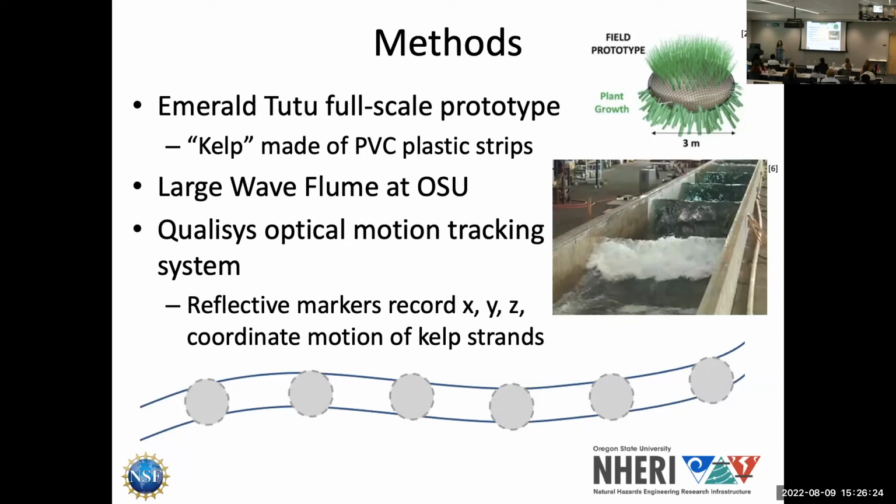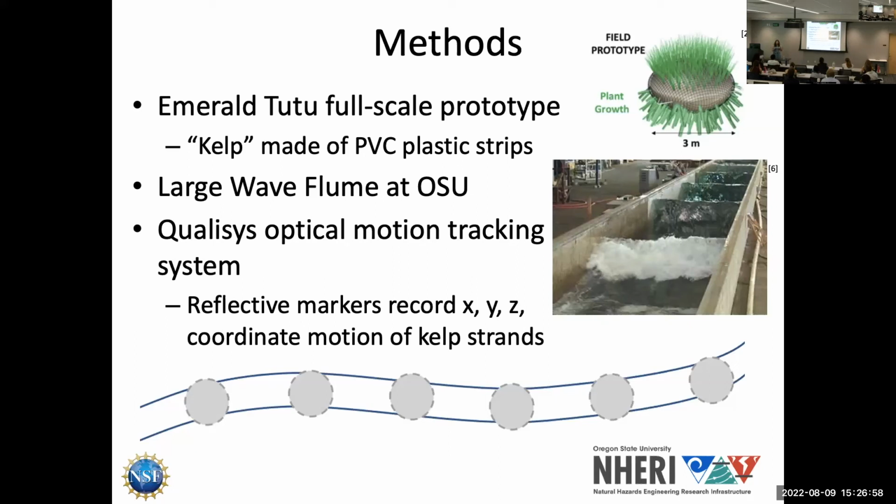Because I was looking at the vegetation underneath the mat, which is the primary mechanism of wave energy dissipation for the individual mat, we utilized a system called Qualisys, an optical motion tracking system, which works by attaching lightweight little reflective balls. There's a system of cameras, and the Qualisys system will track the XYZ coordinates of these reflective markers, and you can analyze the XYZ coordinates from that.